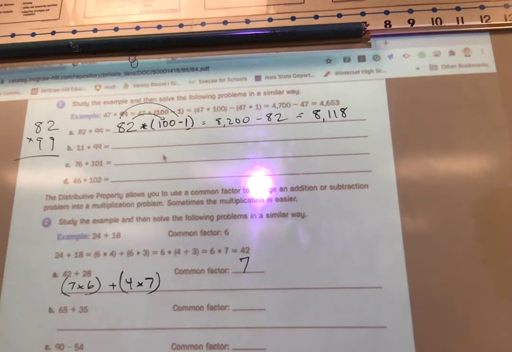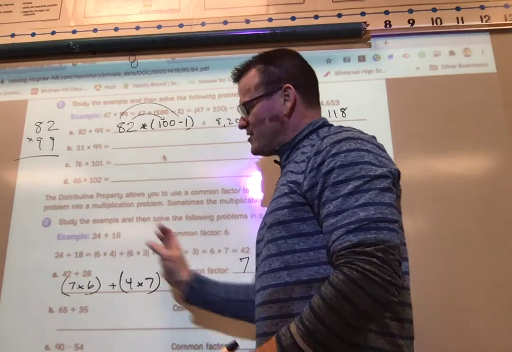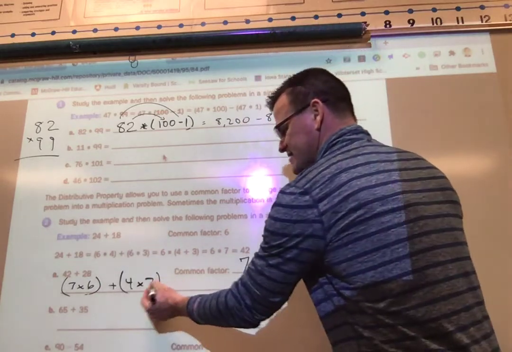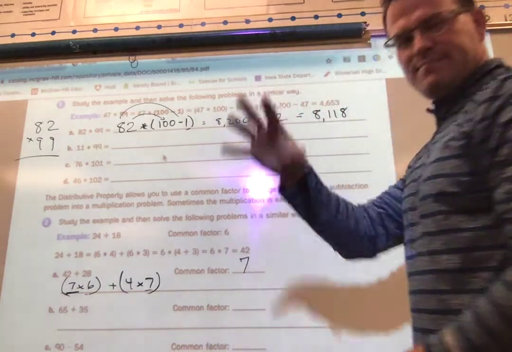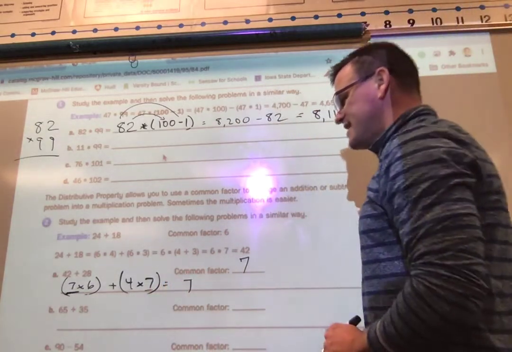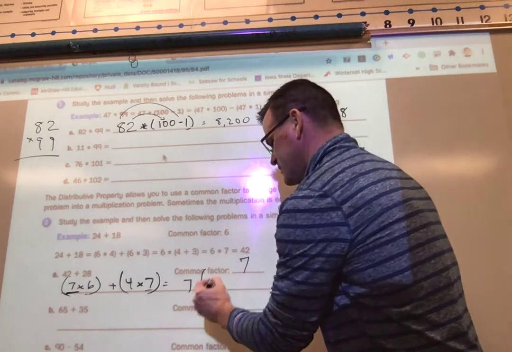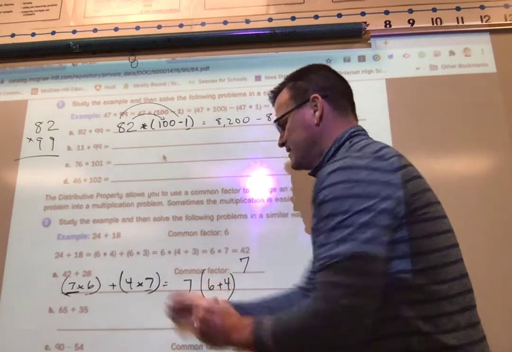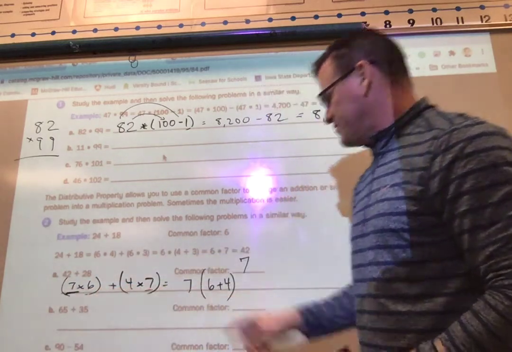But thinking of the distributive property, it's like it's already been distributed through. So I could undo it and pull out a common factor. See how these both have a multiply by 7 in them? If I pull out a 7, I'm dividing it out, and I'm left with just 6 plus 4.